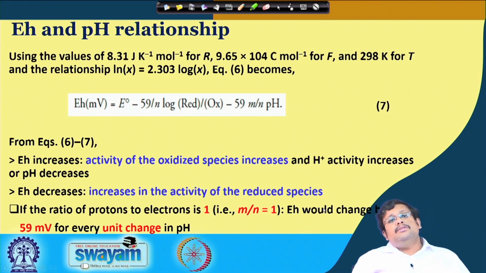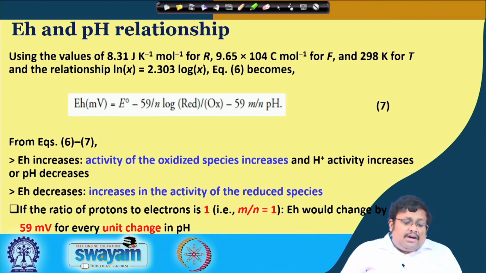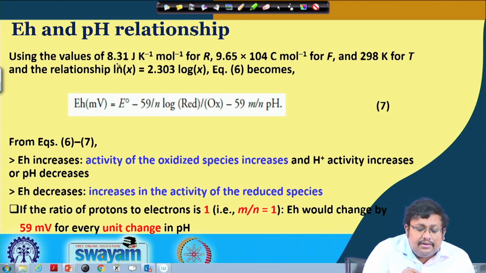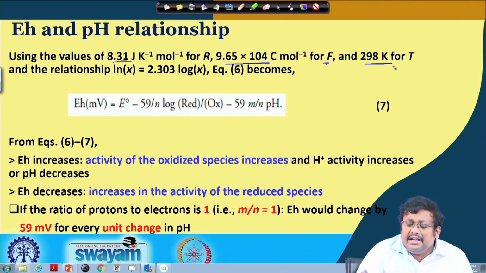Now, what is the relationship between EH and pH? Using the values in the Nernst equation, R, the molar gas constant, is 8.31 joule per Kelvin per mole, and for the Faraday constant we use 9.65 into 10 to the power 4 coulomb per mole, and 298 Kelvin for T. We also know that ln x is equal to 2.303 log of x.